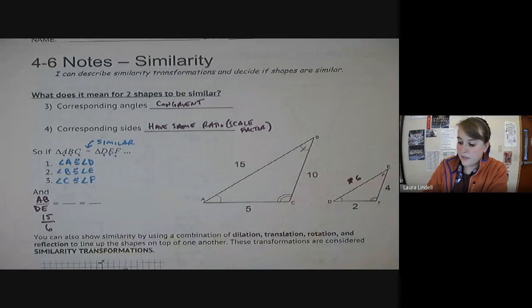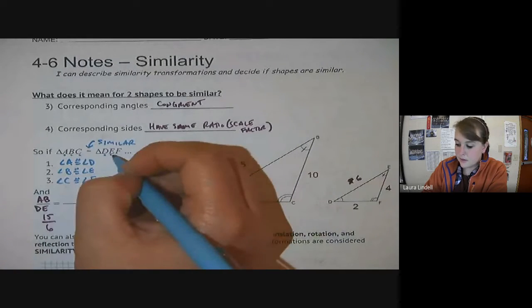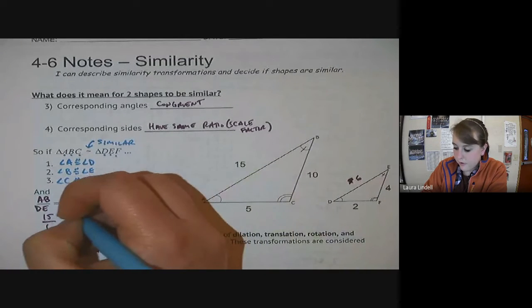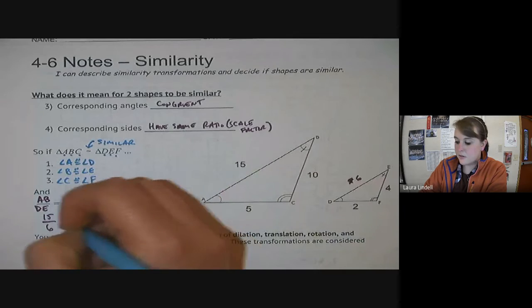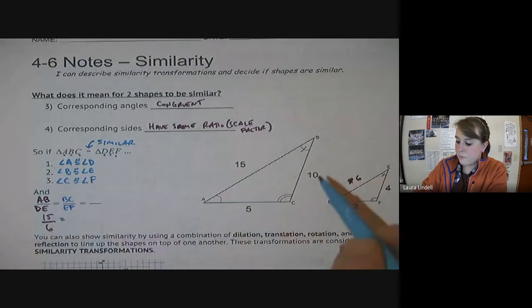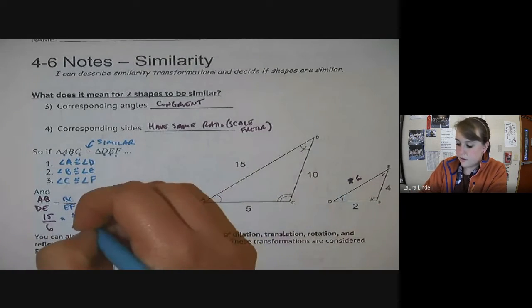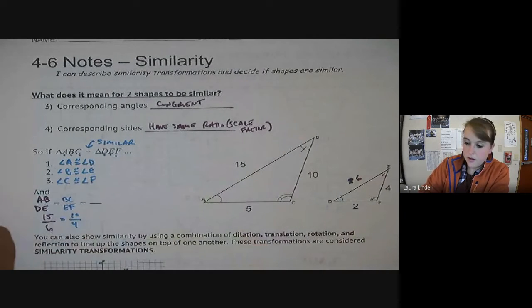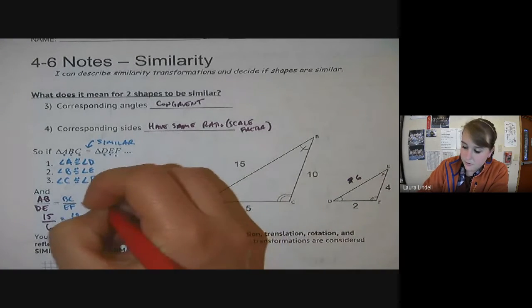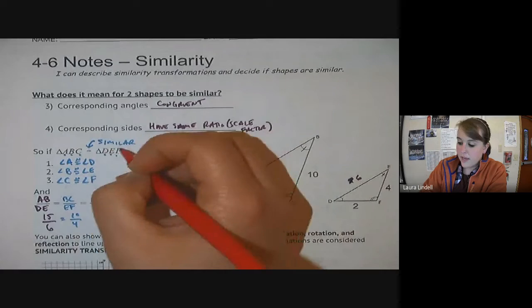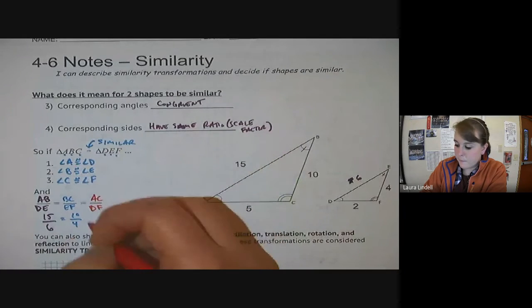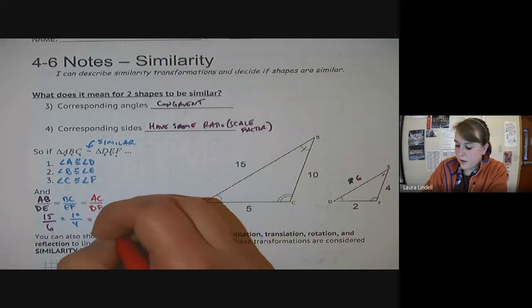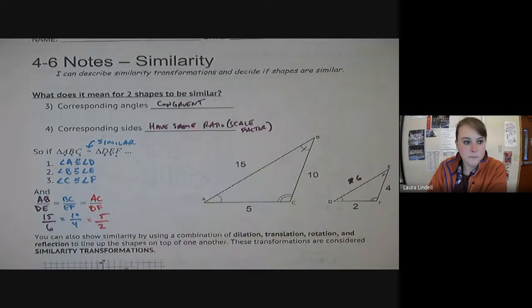Then we'll move on to the next one, BC, the last two letters, with EF, the last two letters. All right, well then BC was 10 and EF was 4. And then lastly, our remaining side, we have AC, the first and last letter, with DF, the first and last letter there. And AC was 5 and DF was 2.